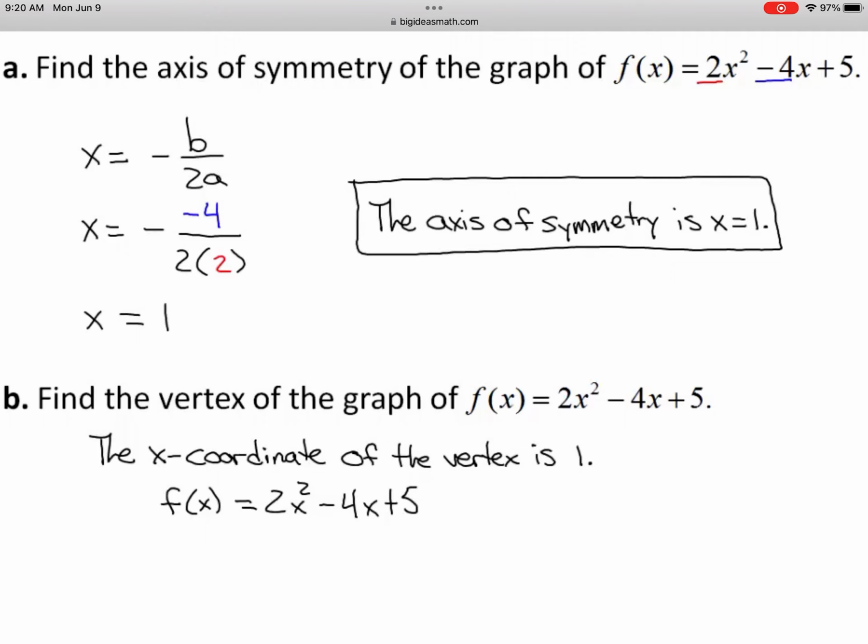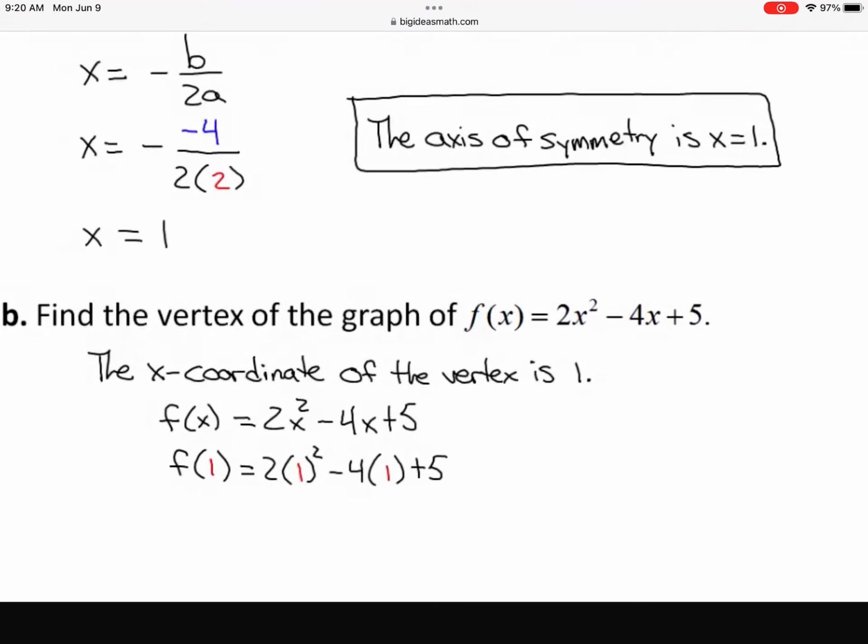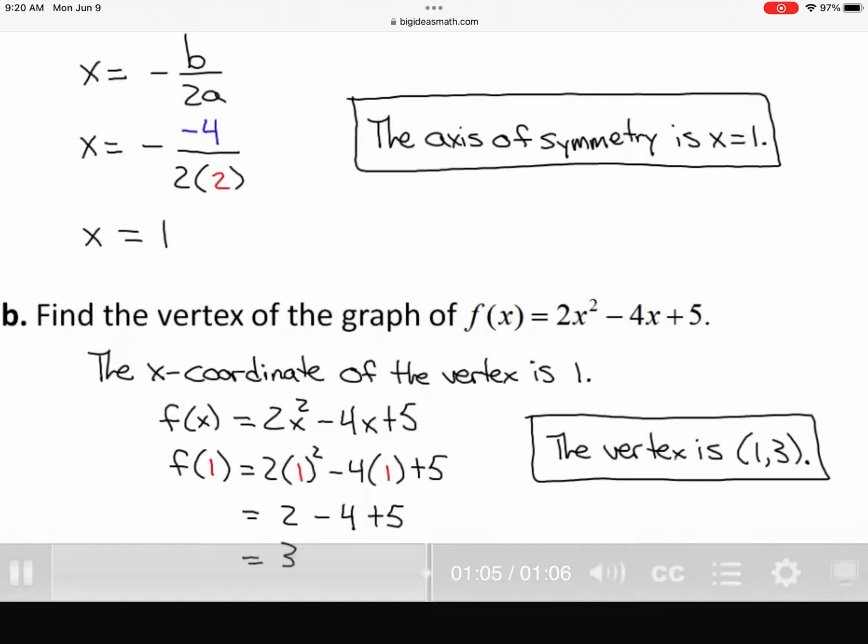Evaluate the function f when x equals 1 to find the y-coordinate of the vertex. F of 1 equals 2 times 1 squared minus 4 times 1 plus 5, which simplifies to f of 1 equals 2 minus 4 plus 5, or 3. So the vertex is 1, 3.